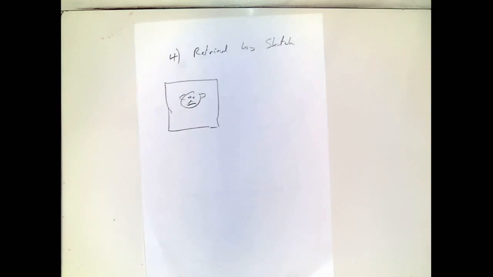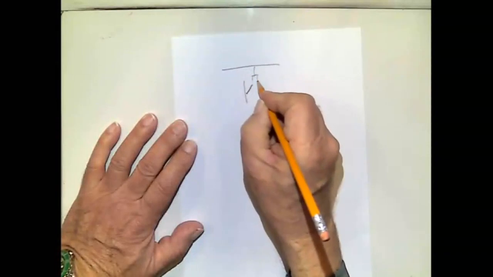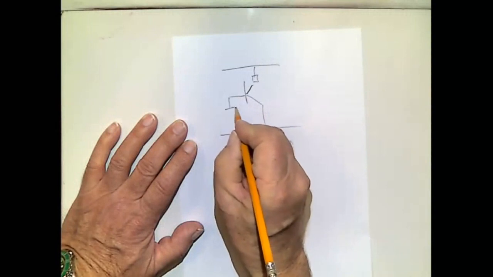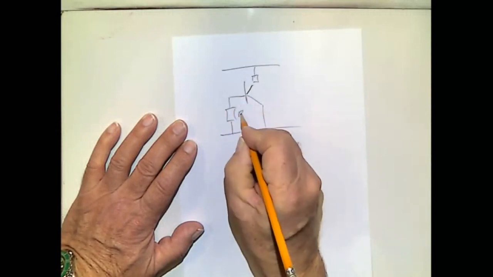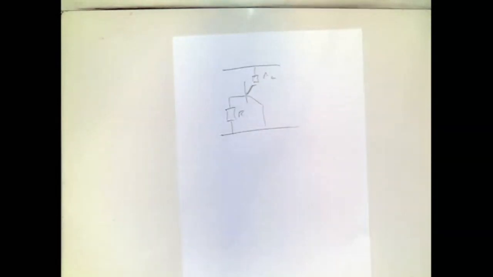You take a simple transistor amplifier, with RL and R. There's a simple transistor.